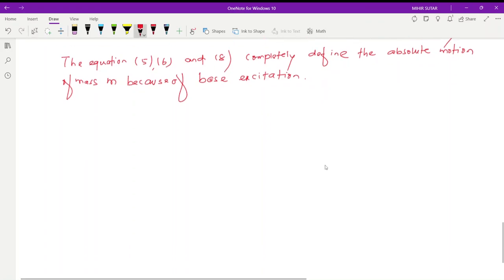Now we consider relative amplitude. Okay, that is relative motion of mass with respect to the support when there is a base excitation.